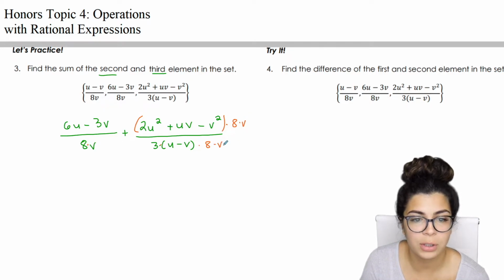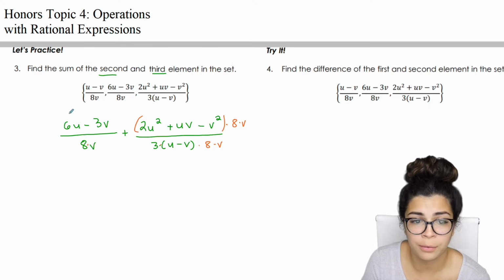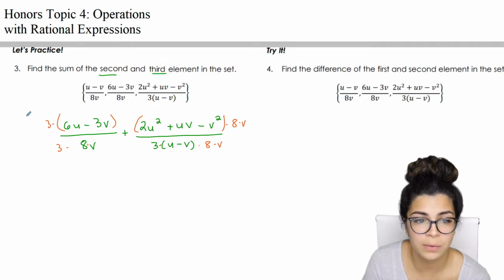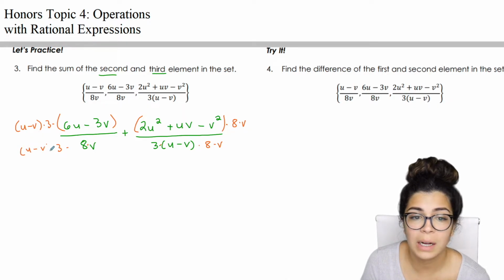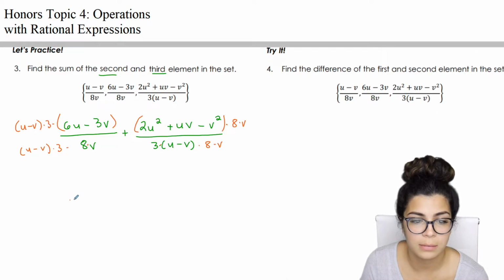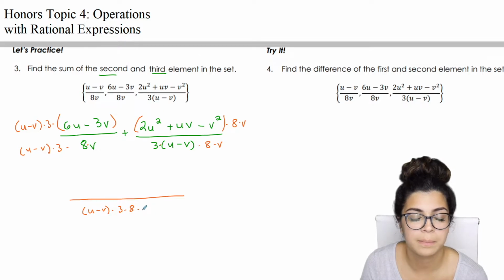And in this fraction, I'm missing a factor of 3, and I'm missing a factor of u minus v. Now the denominator of both fractions is u minus v times 3 times 8 times v.